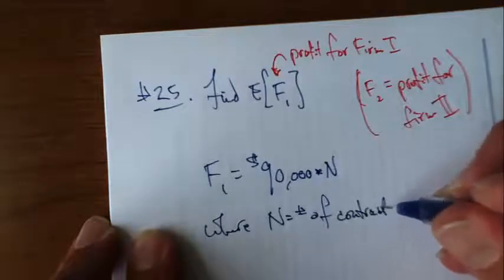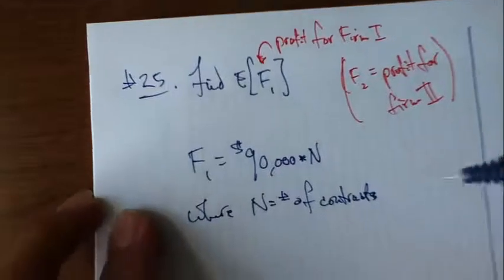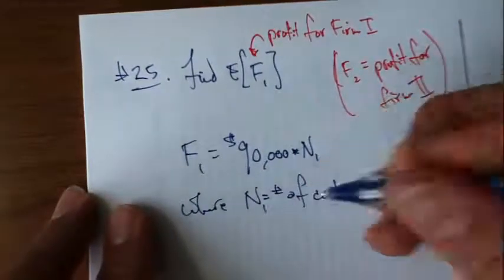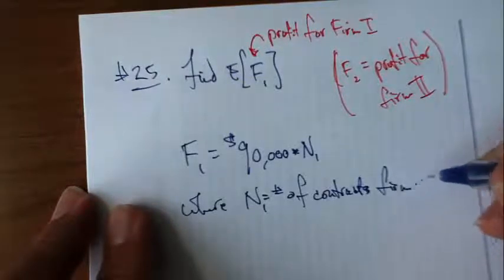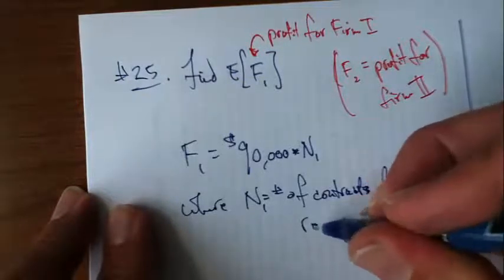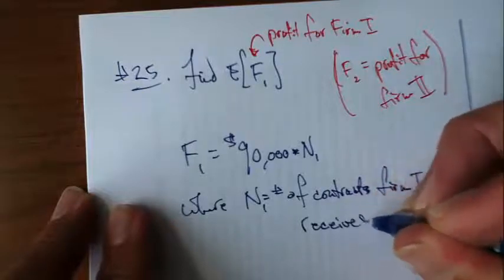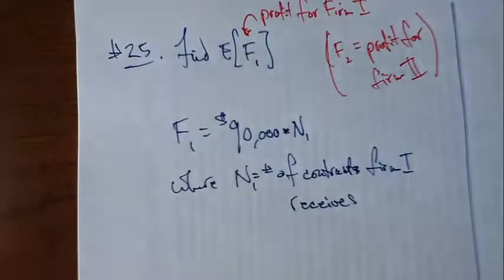Maybe I should write n1 for firm 1: the number of contracts firm 1 receives. That's a very useful approach. Try to write random variables as expressions of other random variables.